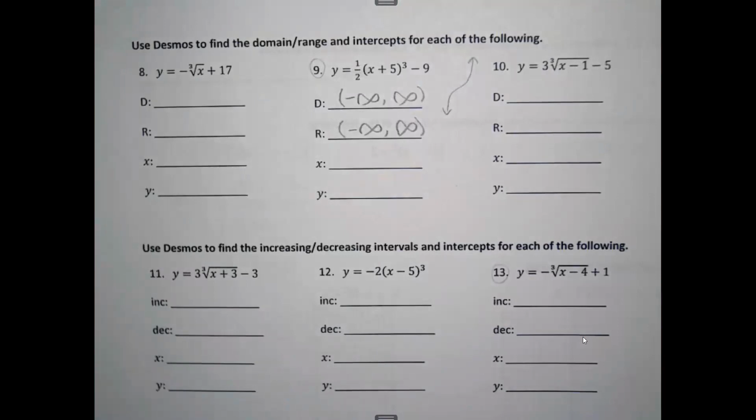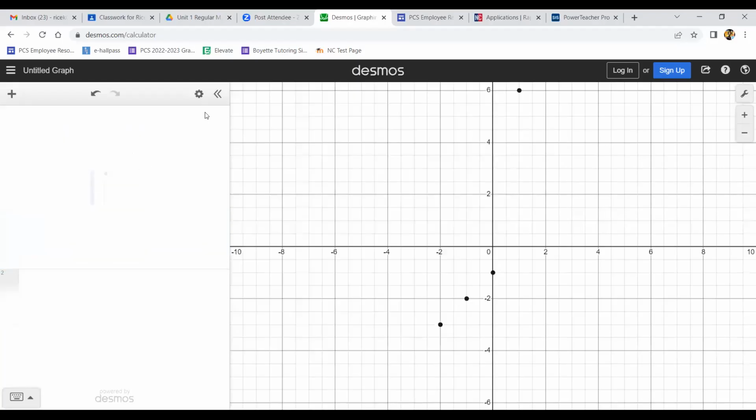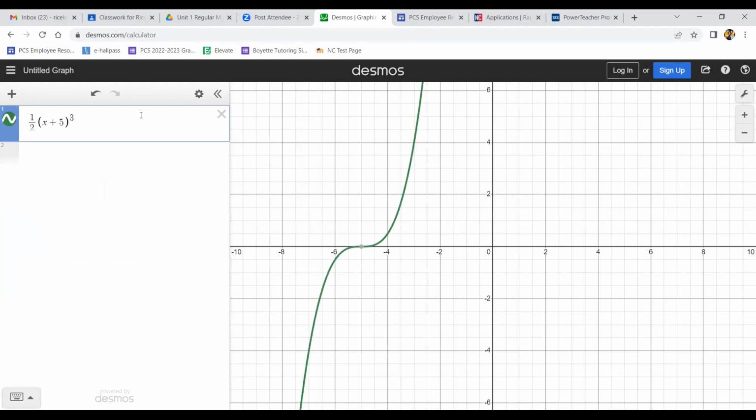But I'm going to go ahead and go to Desmos now and plug this in to find the intercepts. So let's type this in. I've got (1/2 x plus 5) to the third minus 9.